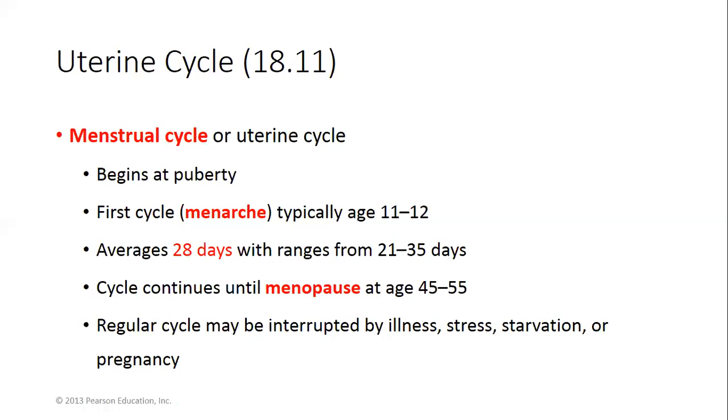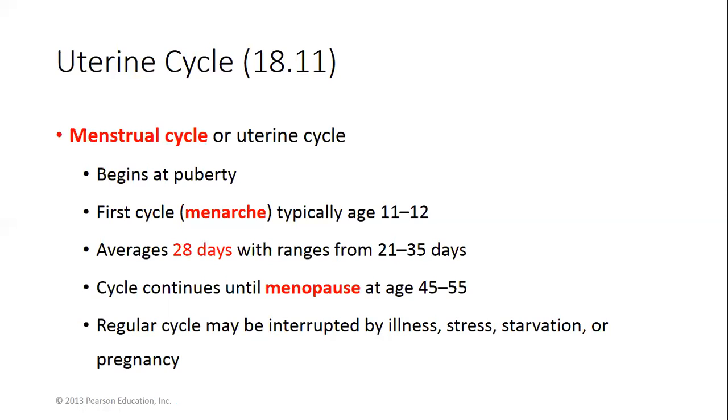Very few women I know have a menstrual cycle that is the exact same number of days every month. It tends to vary quite a bit, especially when you're younger, and that will continue until menopause, which is about the age of 45 to 55. That also varies from woman to woman.